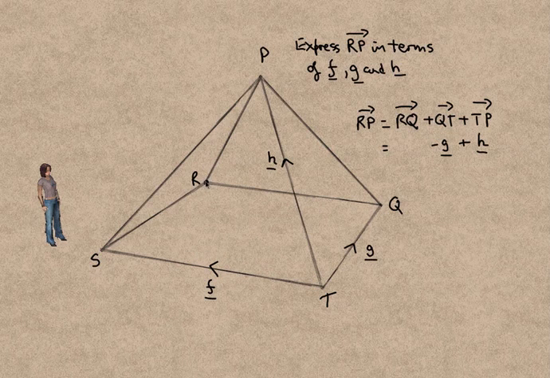So this journey from R to Q represents the same journey as from S to T, and it's minus F. So minus F goes in there. So we've finally done it. Our RP has been written in terms of F, G and H. And if you look at the four choices available, this will be choice B.